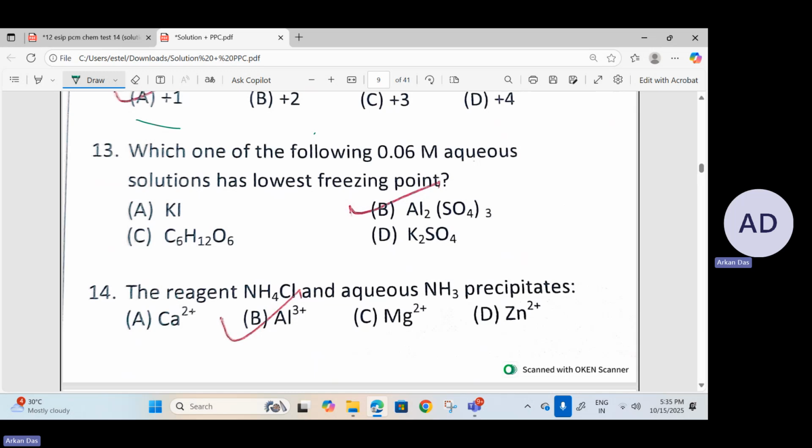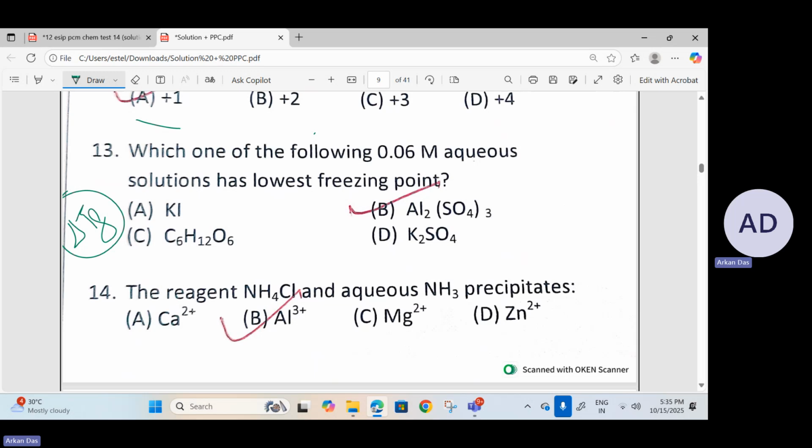Next question. Which of the following 0.06 molar aqueous solutions has the lowest freezing point? Lowest freezing point means we have to talk about delta TF, which is the depression of freezing point. When your freezing point decreases, there occurs depression.